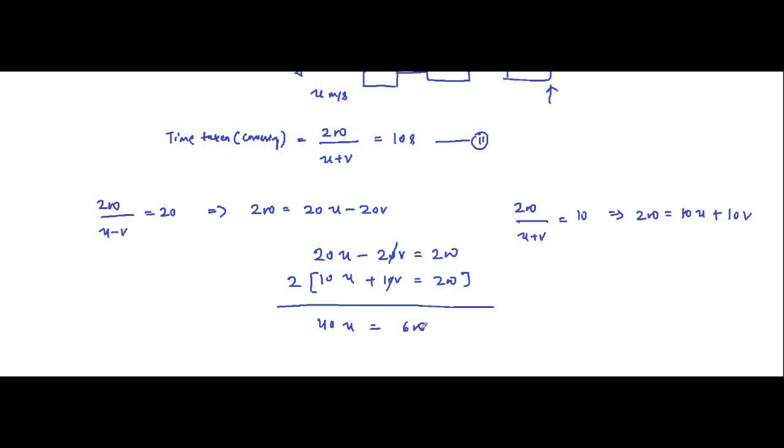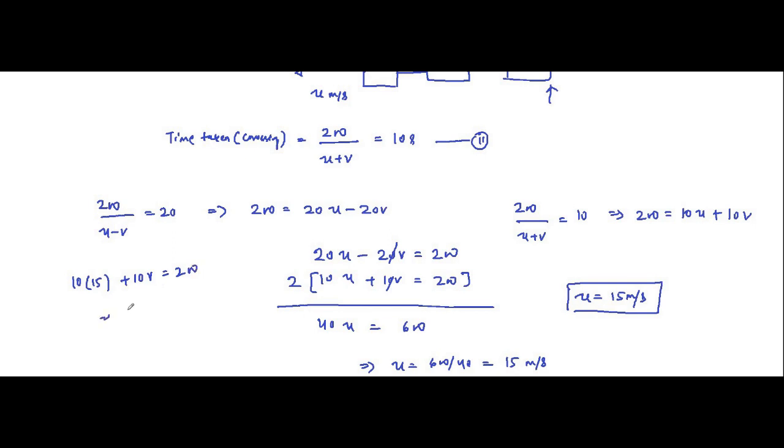That implies u is equal to 600 by 40, which is 15 meters per second. u is equal to 15 meters per second. And v, using any one of these equations: 10 into 15 plus 10v equals 200.